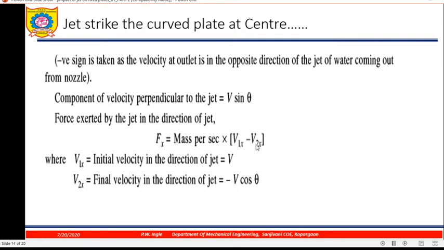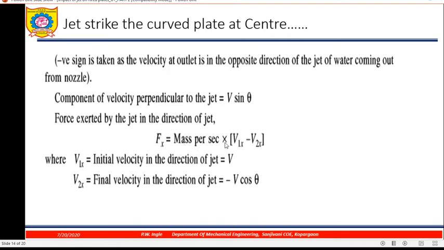Why initial minus final? Because there is an impact of water on the plate. If the plate has an impact on water, then it will be v2x minus v1x, that is final minus initial. So these are the sign conventions which you have to keep in your mind.